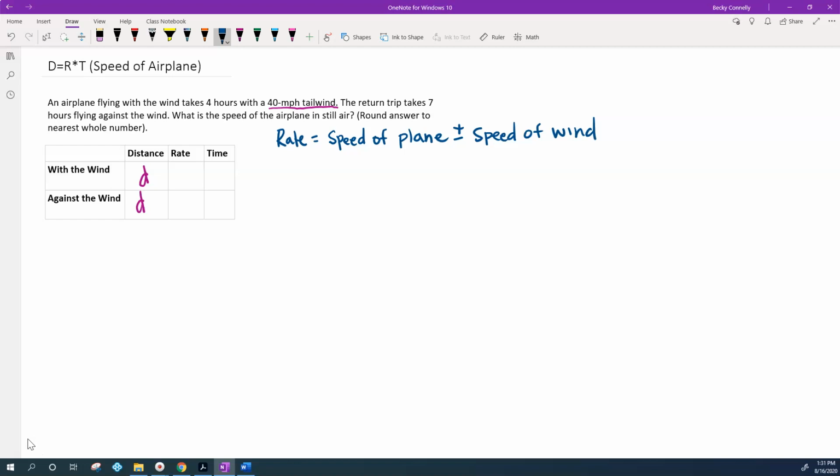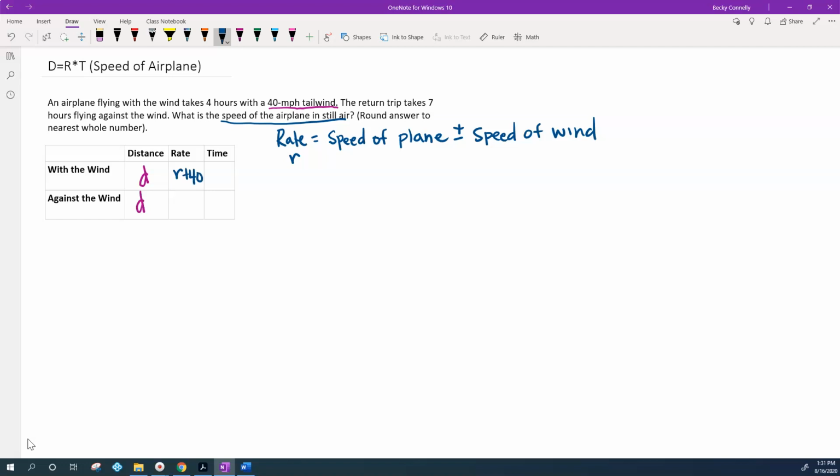All right, so we don't know what the speed of the plane is in still air. That's what we're trying to find. So let's call that R. And so we know with the wind, that's going to be pushing it faster, right? So that's going to be R plus 40.